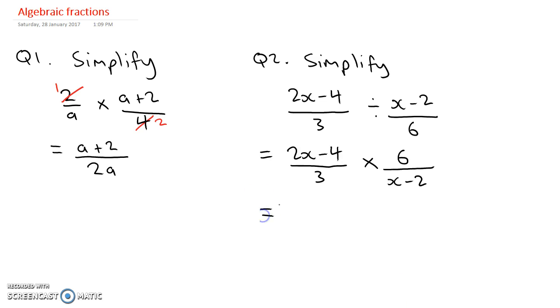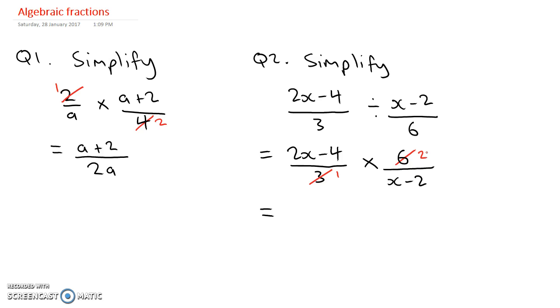Now, what we want to do again is look for any factors that we can cancel. So I can definitely see the 3 and the 6 we can cancel. There's 1 3 in 3 and there's 2 3s in 6.